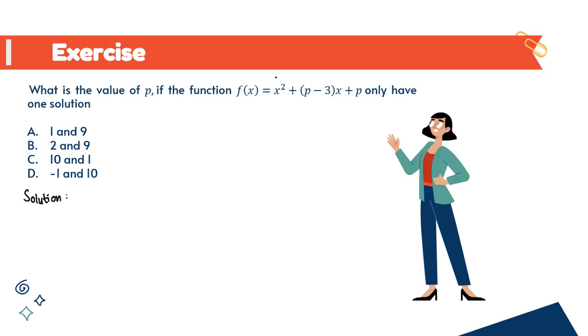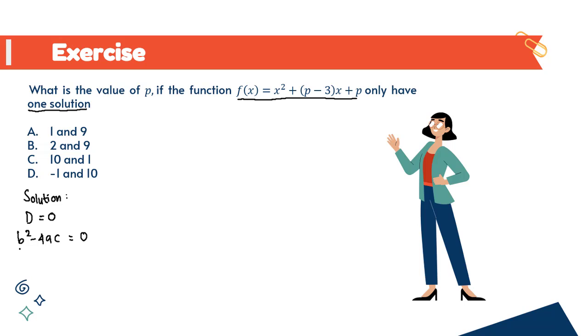From the question, you can get the hint that this function only has one solution. And remember the relation between the function and the solution. So we have to find the discriminant equal to 0.